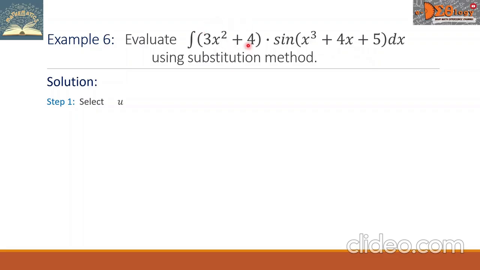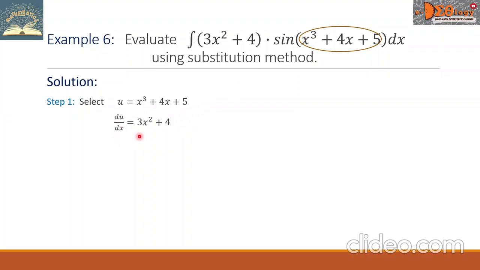One is a polynomial function and another is a sine function. But for the sine function, the angle here is a polynomial with a degree that is higher than the first function here. In that case, our u is the angle of the sine, so the x cubed plus 4x plus 5. Then we take the derivative of this.